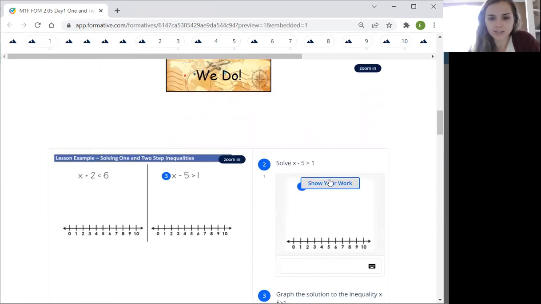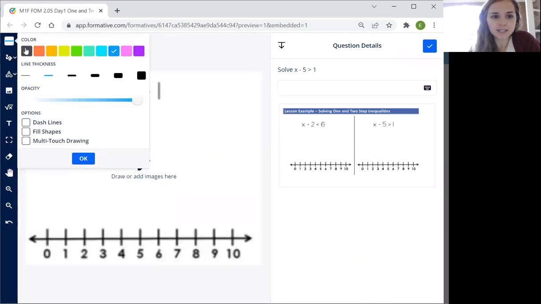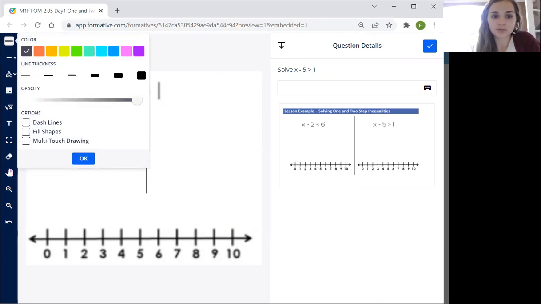So let's go ahead and do some of these we do's together. Exactly like how we do regular equations, I like to draw my line. You guys know me. Okay, and really it just keeps it all organized for me.